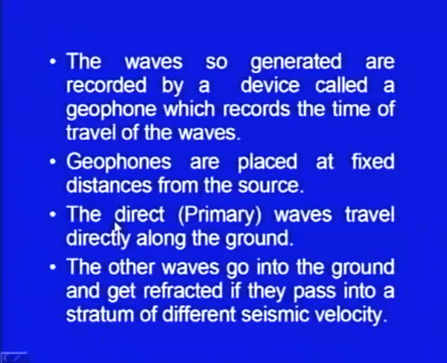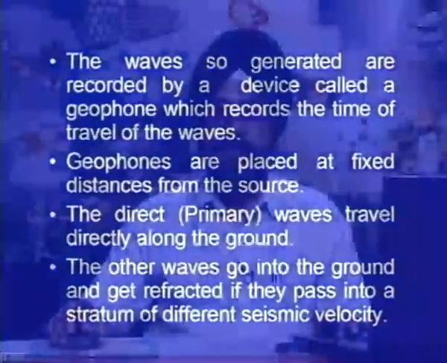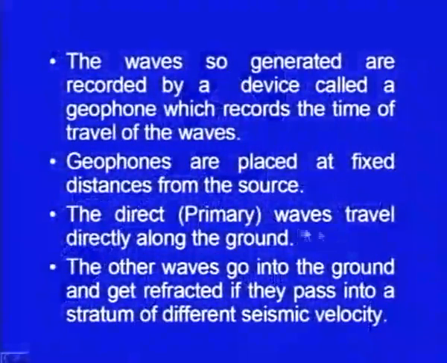Now, when the wave is generated, there are two ways in which the wave will reach the geophone. There are direct waves, which are called primary waves. They travel directly along the ground. There are other waves which will travel into the ground, and when they meet a boundary of different soil layers or rock layers, they get refracted.